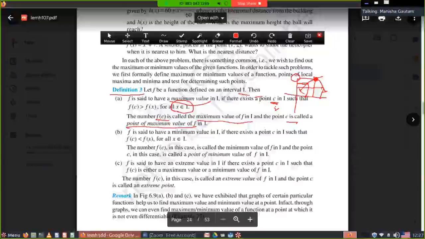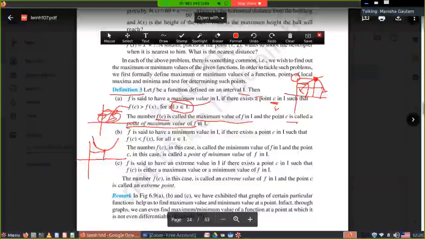Similarly, we talk about the minimum value or minima at the point. So suppose I take a graph like this. This is the point of minima where the value is minimum.